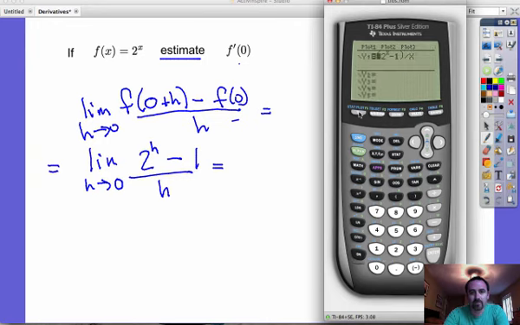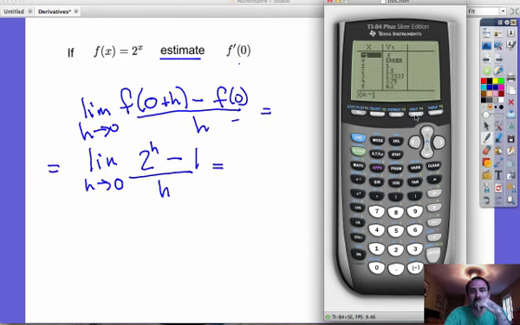Let's make sure we have the right function here. And again, this is not a proof, but we're going to go ahead and zoom in a little. Now, based on our picture here, it's going in a little bit less than 1. Let's look at our table.